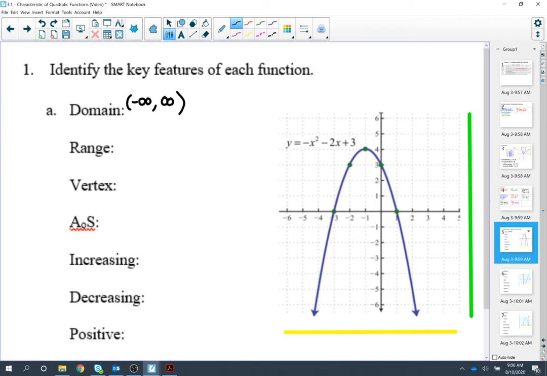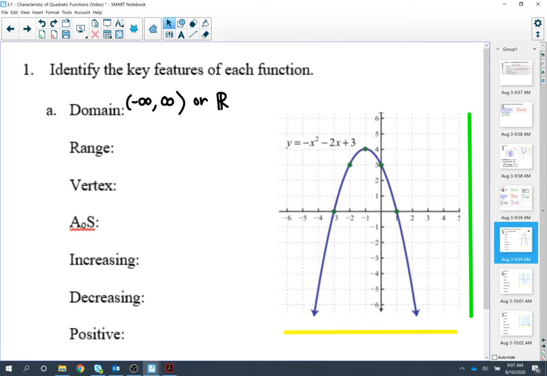And actually, every single quadratic graph is going to have a domain of negative infinity to infinity every time. You don't even have to think about it. That is interval notation, or you could do inequality notation and say all real numbers. If you wanted to write the words all real numbers, that would work too. Go ahead and do it.